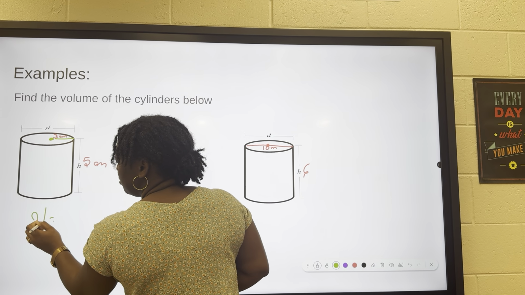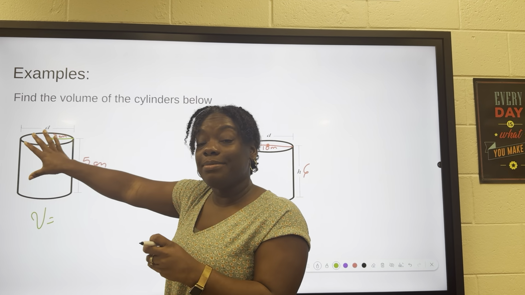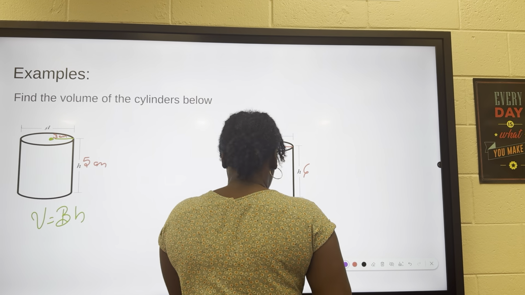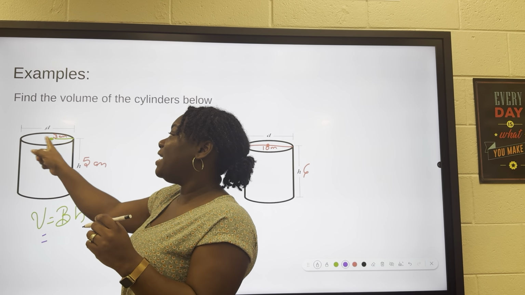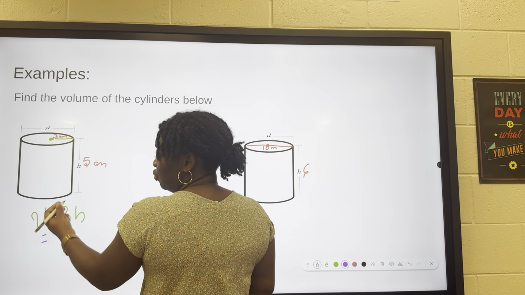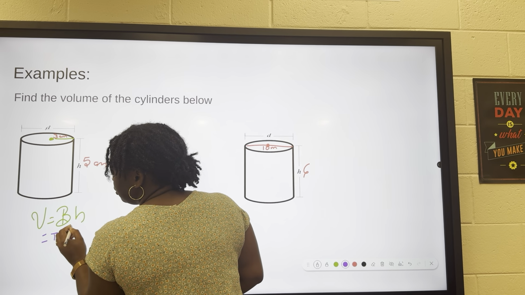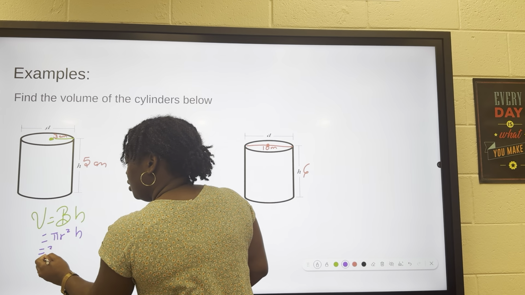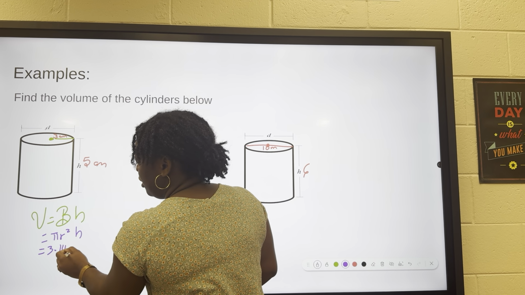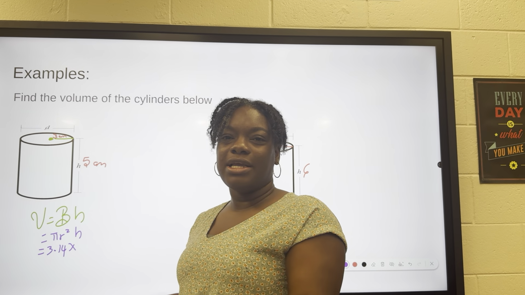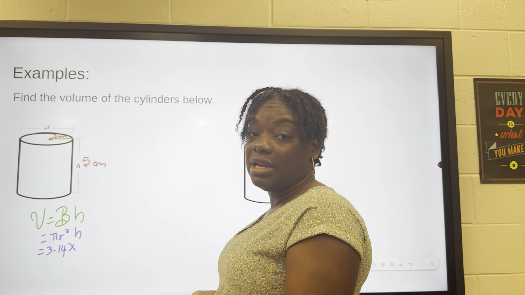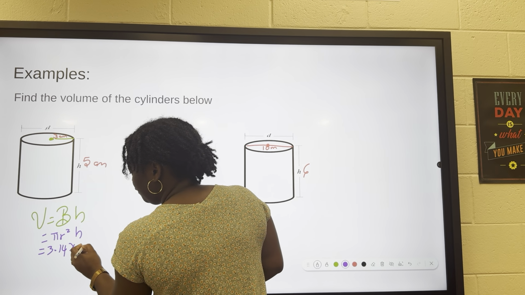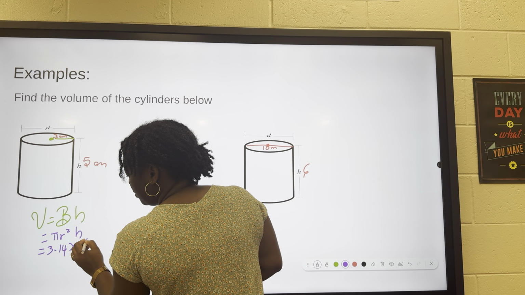Remember, the volume of any prism is B times H. In this case, my base is a circle, so it's pi r squared H. What is pi? 3.14. Remember, it depends on what they ask you pi to be. Pi can be 22/7 as well. So let's plug the others in. What's my radius? That's 3 squared.